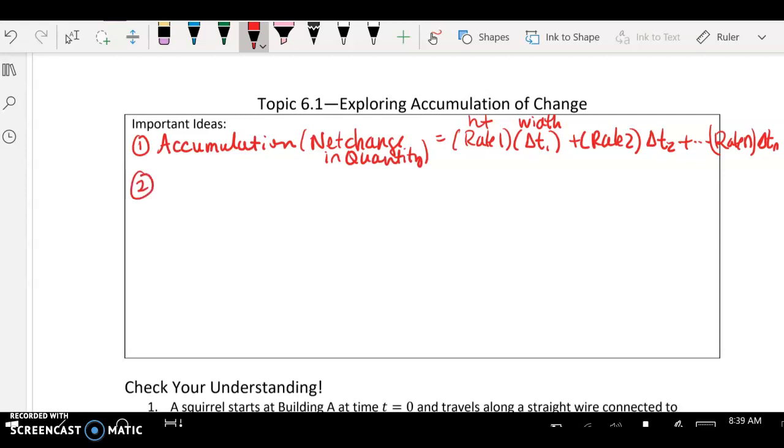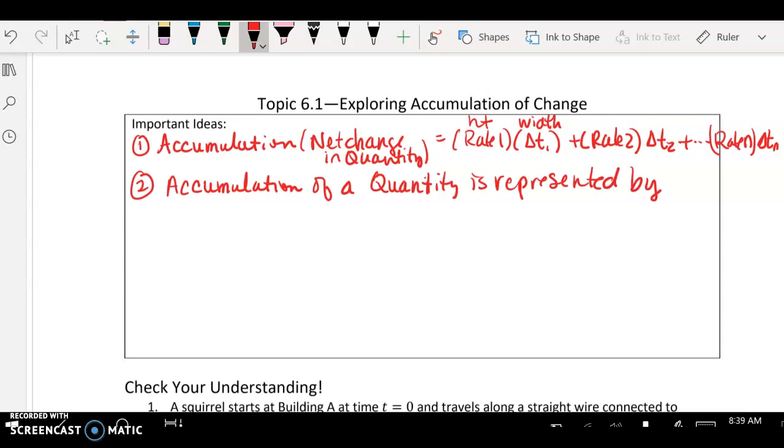The second fact that we want to talk about is that accumulation is represented by area. So accumulation of a quantity, whatever that is, in this case it was volume, is represented by net area between the rate function, the derivative, and the x-axis.